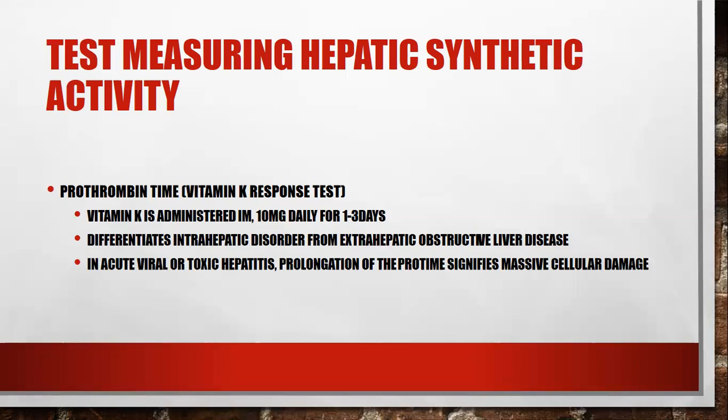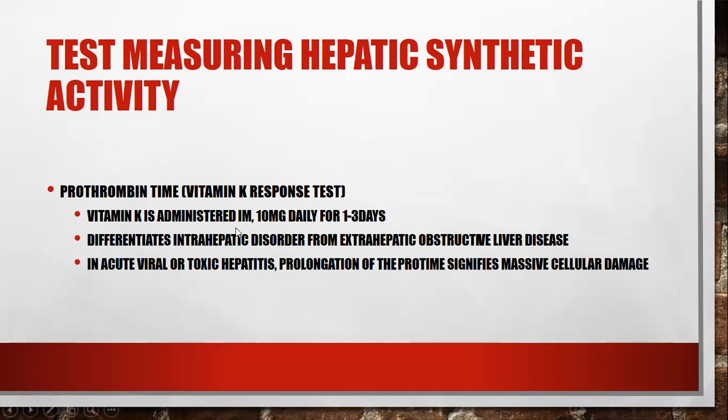So how do we do this? Usually, vitamin K is administered intramuscularly, 10 milligrams daily for 1 to 3 days. And we determine the prothrombin time. If it gives us a prolonged result, that would mean that we have a deficiency of the different vitamin K dependent coagulation factors.